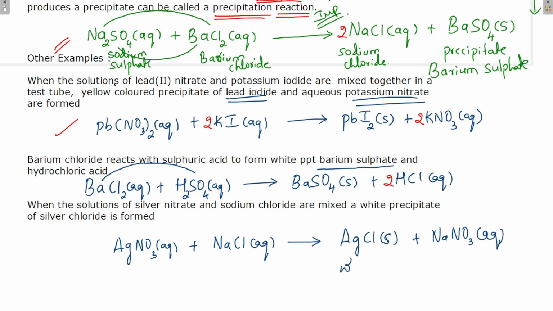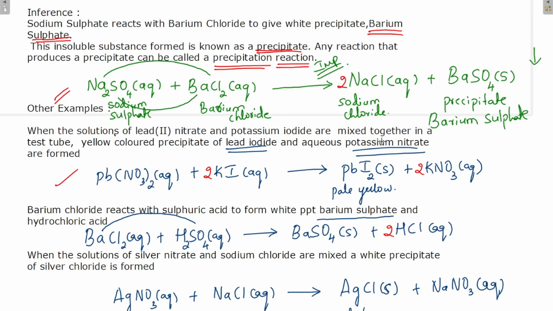This is also a white colored precipitate. And lead iodide has a pale yellow color. Now these are some examples of double displacement reaction.